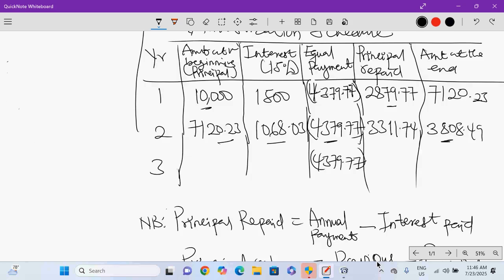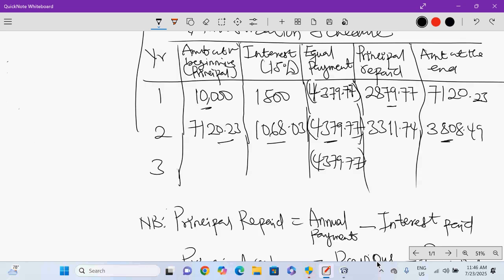Or we can say the amount at the end is the principal minus the principal repeat.